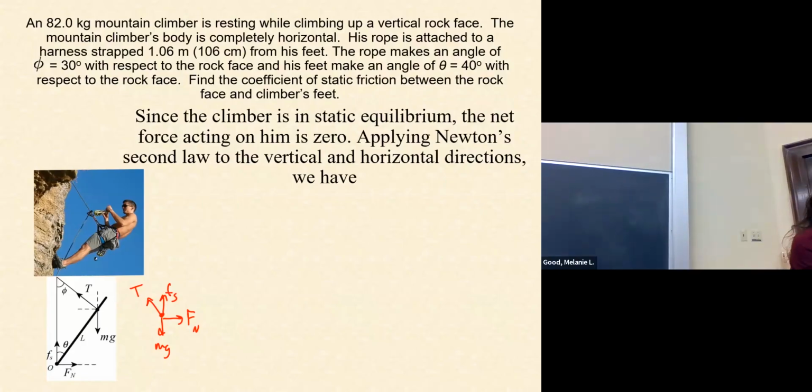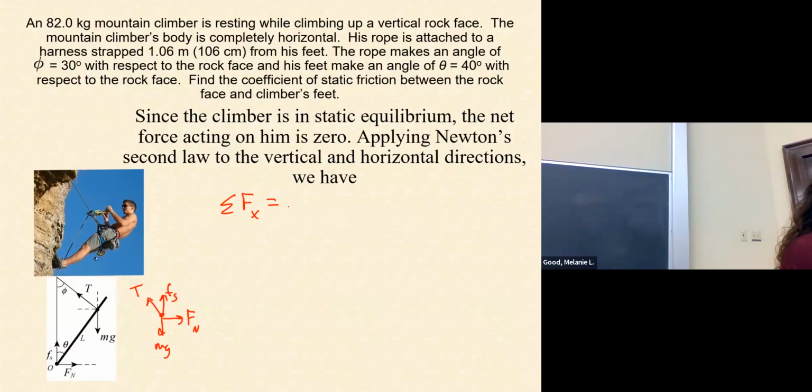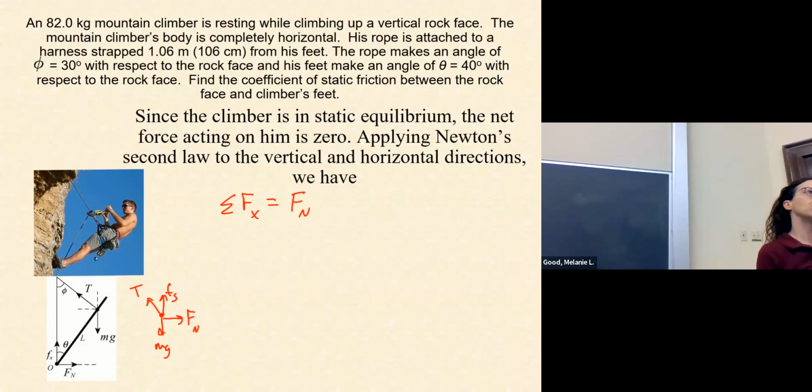Let's go ahead and do that. So the sum of the forces in the x direction is going to include the normal force in the positive x direction. And then I've got a component of the tension force. Does everybody see that? Because the tension's going off at an angle. So there's some component of the tension force like this, right?